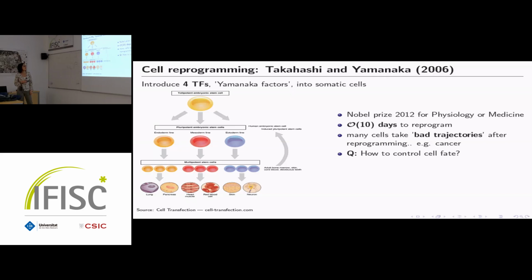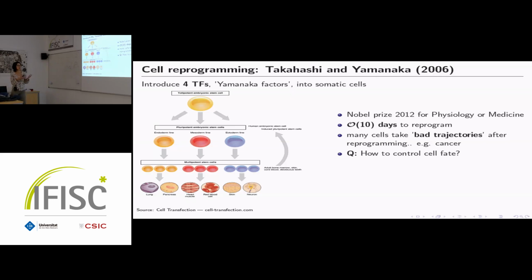They introduce this into a fully differentiated cell, and they see it transition to a state of induced pluripotency, from which, in principle, one can differentiate it back into any desired cell type. And indeed, Yamanaka got the Nobel Prize for this important discovery in 2012. It takes about 10 days to reprogram a cell. And nowadays, these experiments are actually quite efficient.